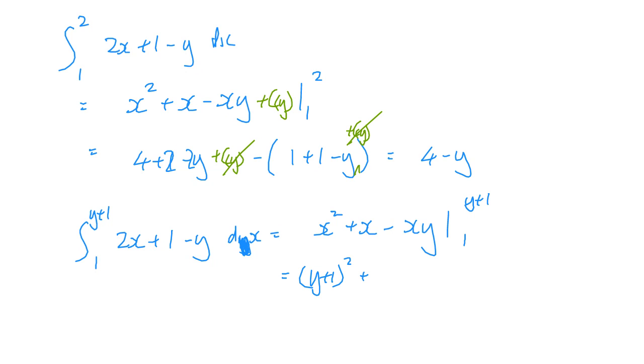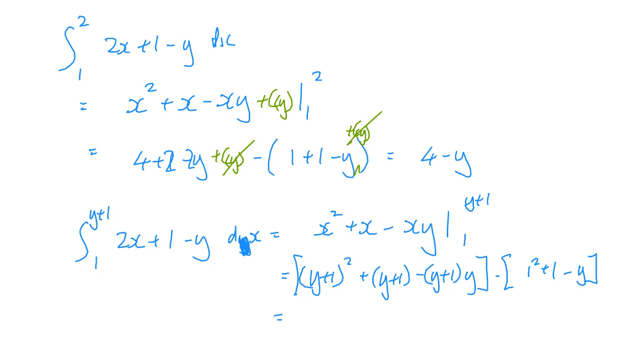I couldn't have dy and then also have y involved in the limit. Sorry, I just wrote it down wrong. Plus y plus 1 minus y plus 1 times y. That's my top limit introduced. And then I'm subtracting 1 squared plus 1 minus y.